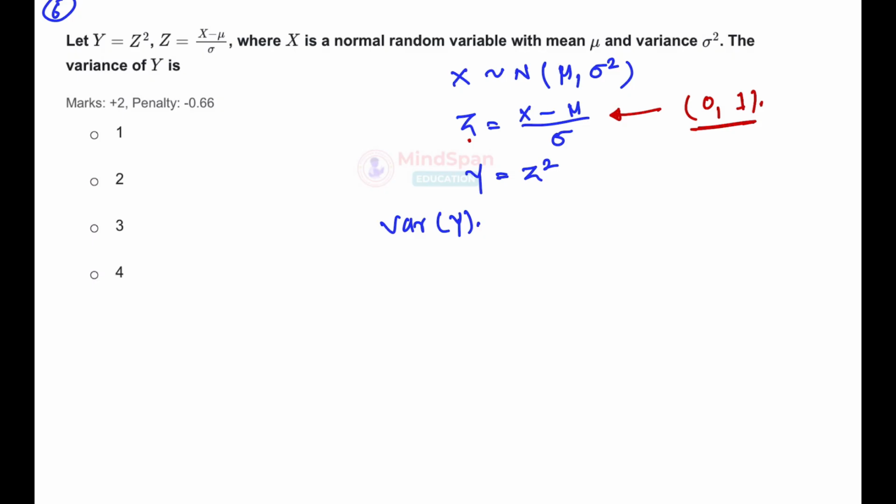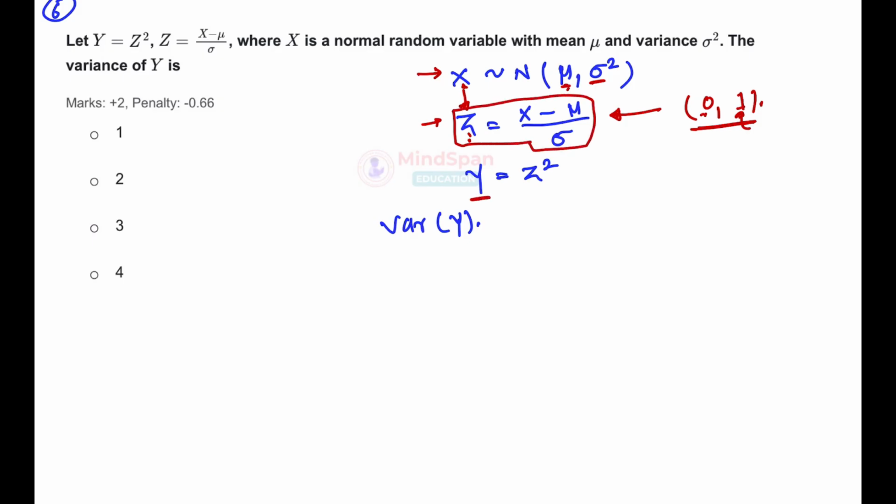So x is a random variable that has the mean mu and the variance sigma square, and z is a standardized version of the random variable x. So we are trying to shift the mean of x to 0, and the variance we are trying to make 1. So this is how we standardize, and we have done this multiple times, right?